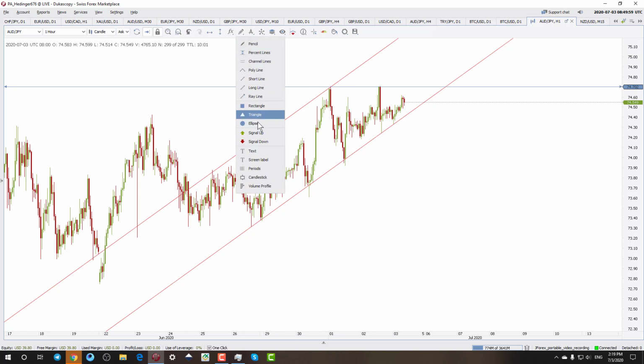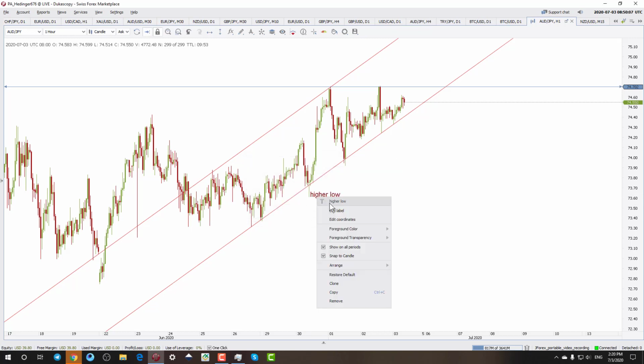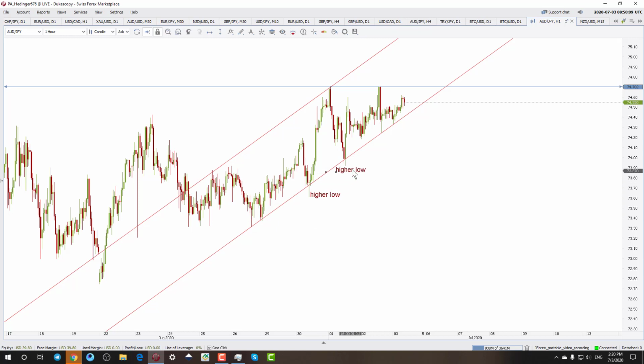Now if you remember, if the price is making higher lows, that means the price is in an uptrend, but it is making the same level of highs twice, and the third time it is trying to go to 74.70, this level which we have marked as a resistance.